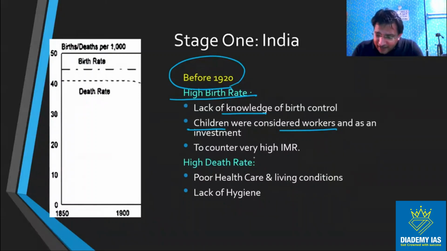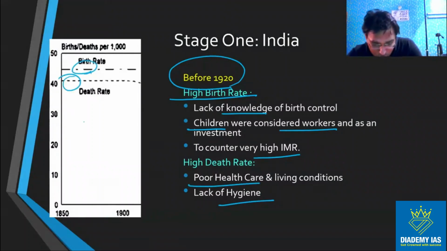And to counter very high IMR, the number of children who were dying within 1 year of their birth was also high. Because of that also, the birth rate was high. There was high death rate, again because of poor healthcare and lack of hygiene, right? So you can see death rate as well as birth rate, both are high. Death rate is approximately 40 and birth rate is approximately 45 per thousand. So this is the trend which we can see before 1920.